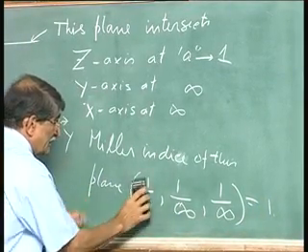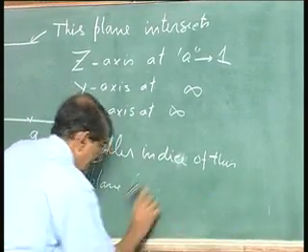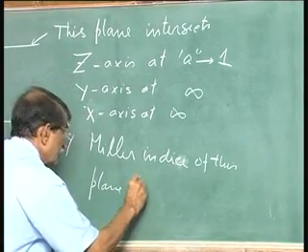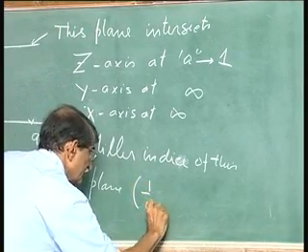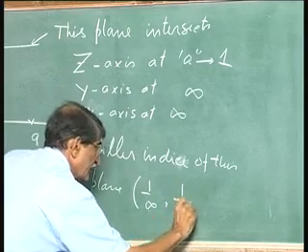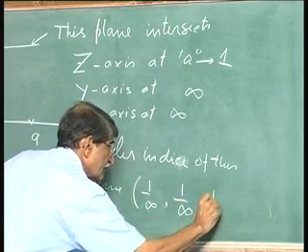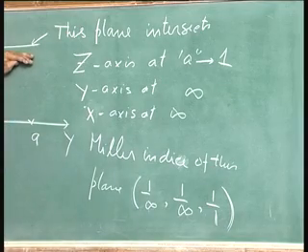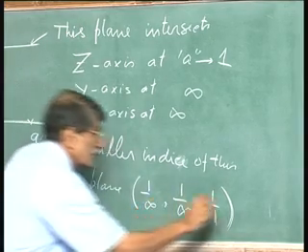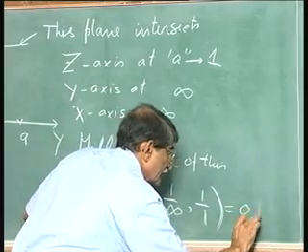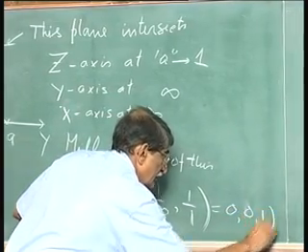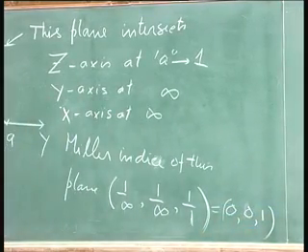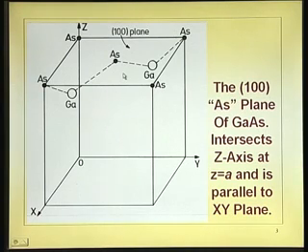I am sorry, this particular thing is different. Write it again. X is 1 by infinity, y is 1 by infinity, z is 1 by 1. So, this plane actually will be equal to 0 0 1, but I have called this as here 1 0 0 plane.